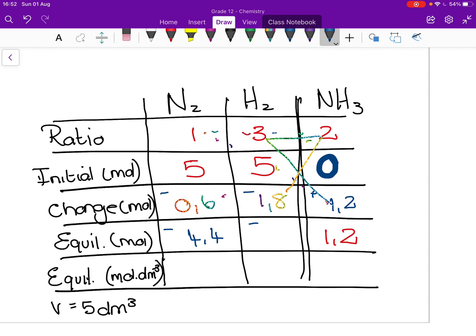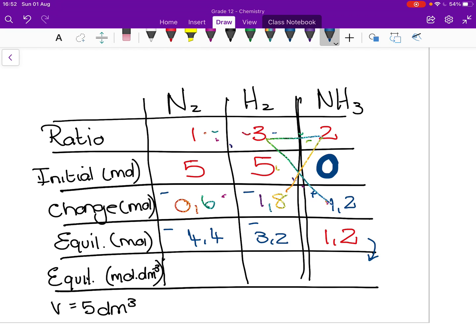I had 5, used 1.8, so now I've got 3.2. But to get my concentrations, I need to divide by 5. That's very important here.